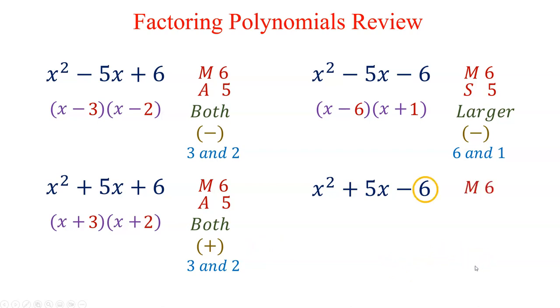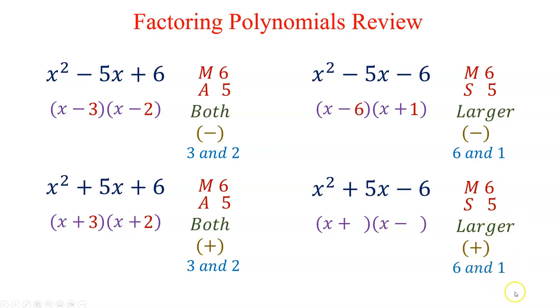What two numbers can I multiply to get 6? So M6, there's my S, there's my 5. Because I said S, I'm writing L, larger. Next symbol is the positive, so my larger is positive. Set up my answer with the larger first as a recommendation. The two numbers that multiply to get 6 and subtract to get 5 are 6 and 1. There's my 6, there's my 1.